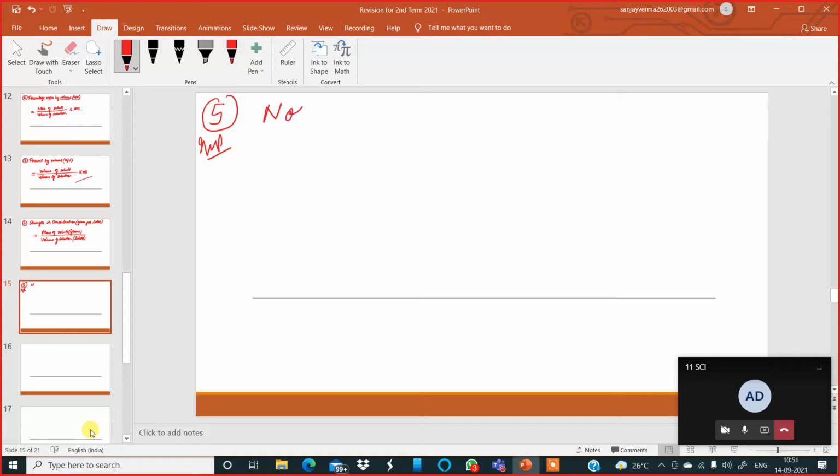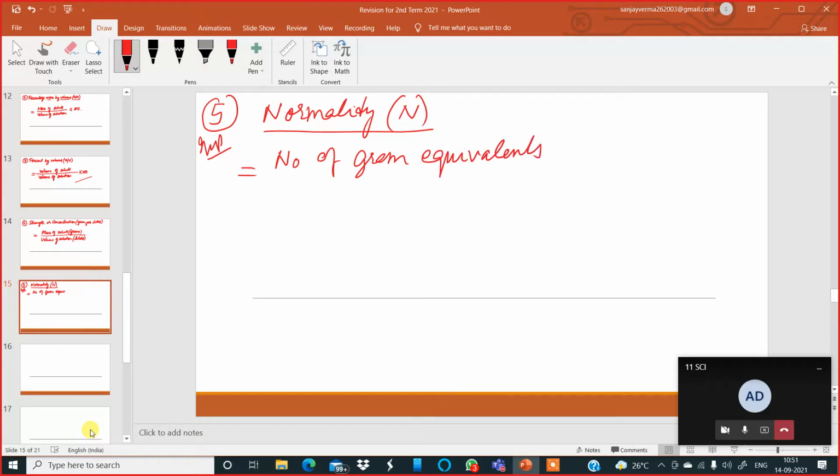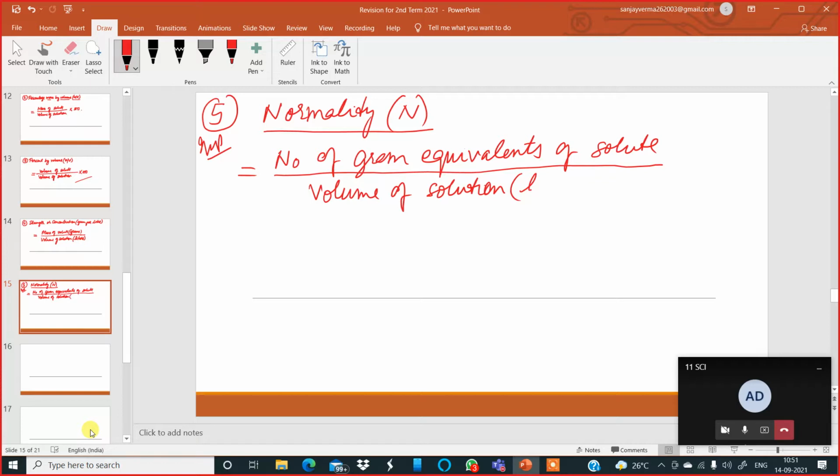Normality, the symbol is capital N. The formula is number of gram equivalents of solute divided by volume of solution in liters.